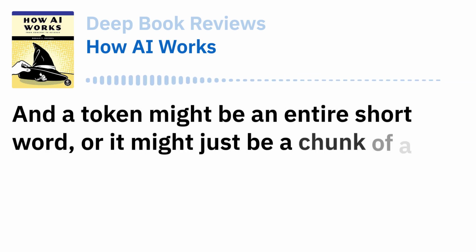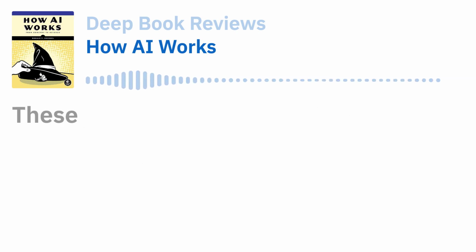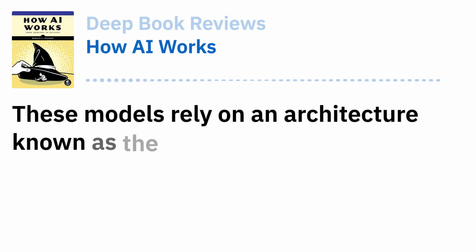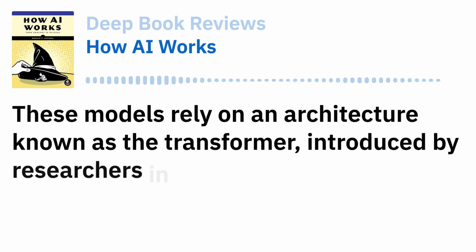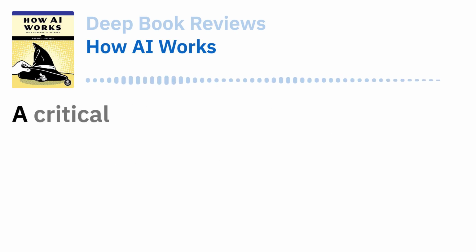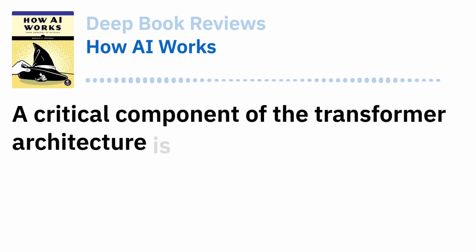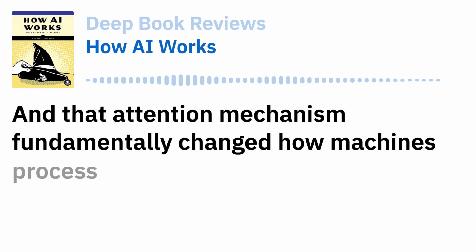And a token might be an entire short word, or it might just be a chunk of a longer word. Exactly. These models rely on an architecture known as the transformer, introduced by researchers in 2017. A critical component of the transformer architecture is the attention mechanism. And that attention mechanism fundamentally changed how machines process language.